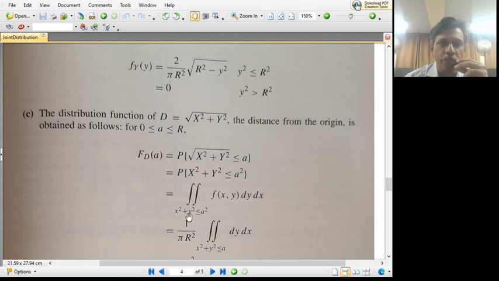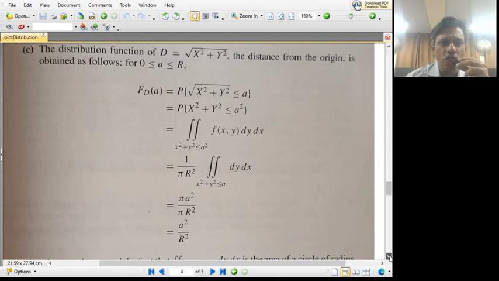over this region, if you try to do the integration of fxy, you would see that c is 1 over pi r squared, and this region you have to integrate over, and again this is nothing but the circular region with radius a, and therefore the area is pi a squared. So you get pi a squared by pi r squared, which is a squared by r squared.